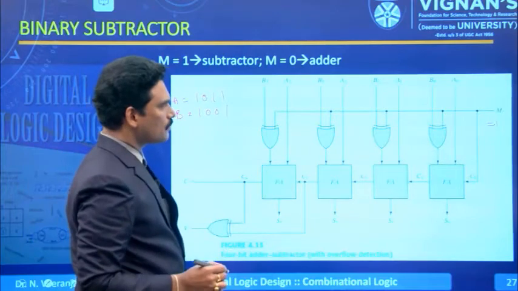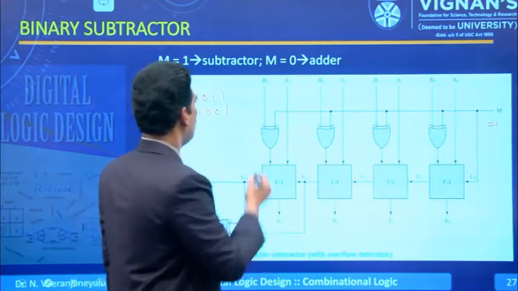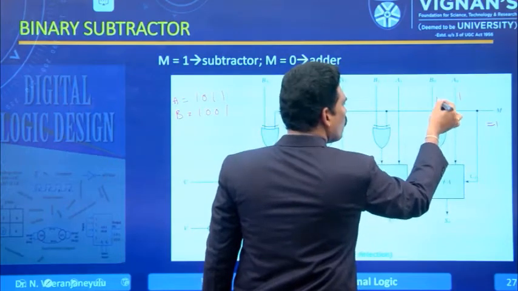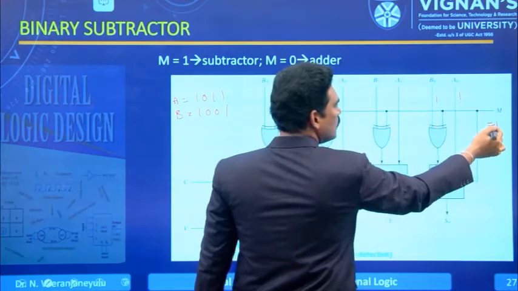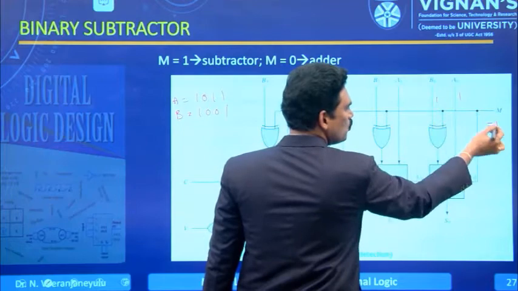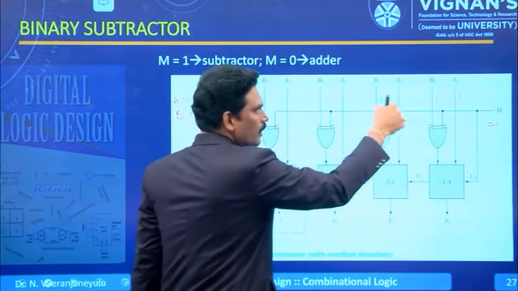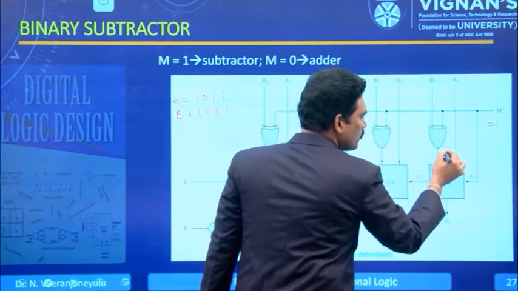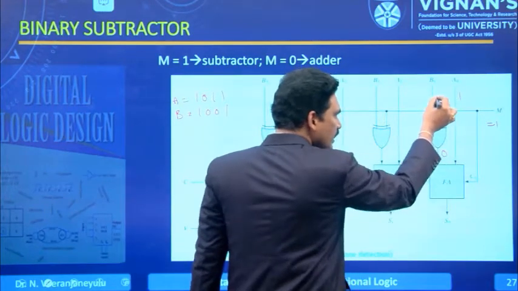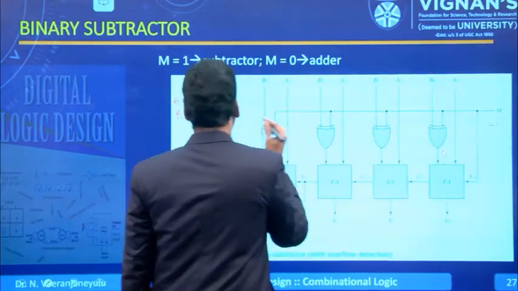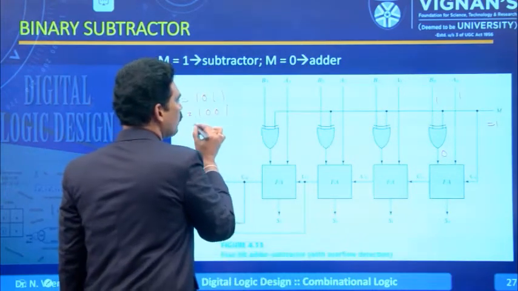Now A0, what is A0? 1. What is B0? 1. 1 XOR 1 means we are getting 0. With this operation we are performing the 1's complement. That is, for B we are finding the 1's complement.